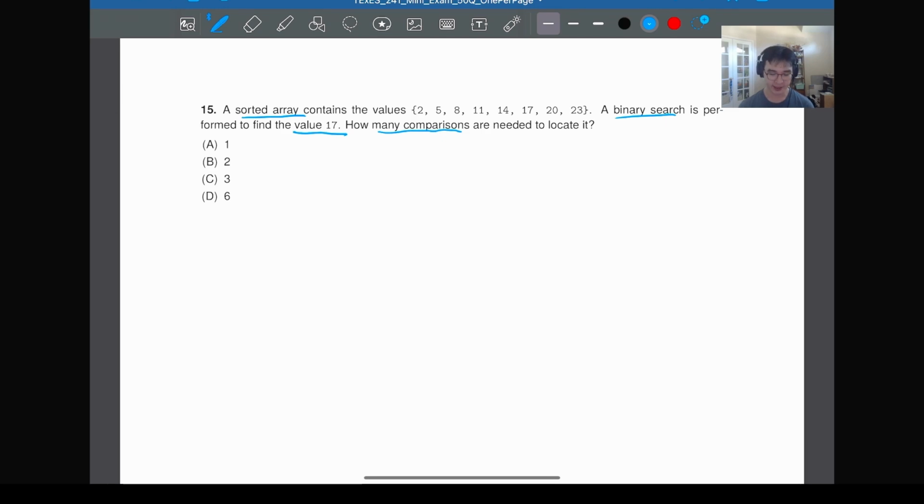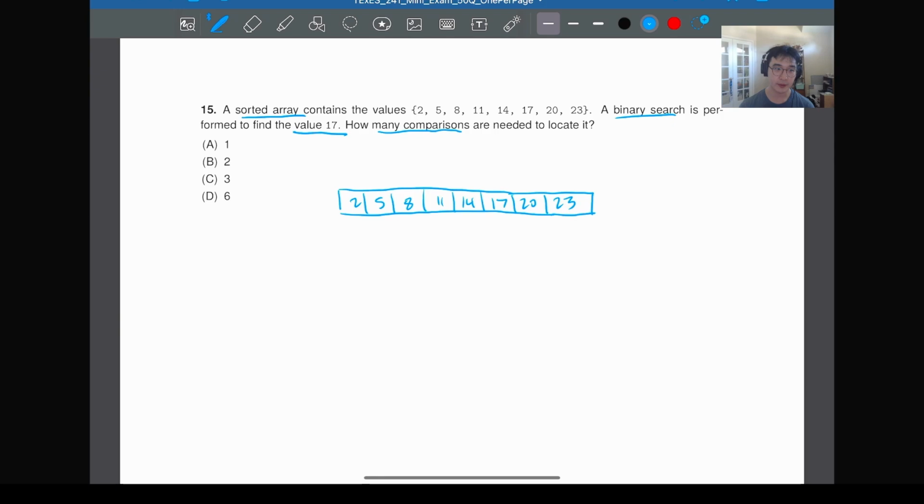So let's look at this array right now. I'm going to go ahead and draw it. 2, 5, 8, 11, 14, 17, 20, 23. For binary search, you want to find the middle value and keep finding that middle value.